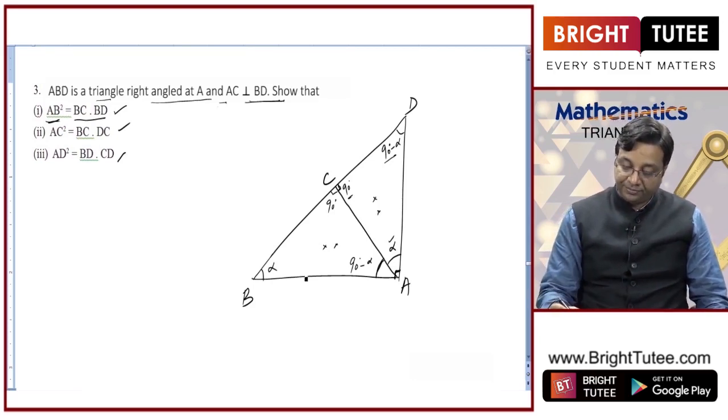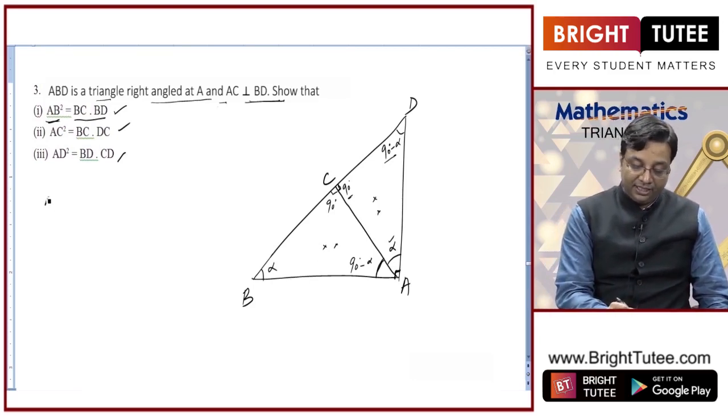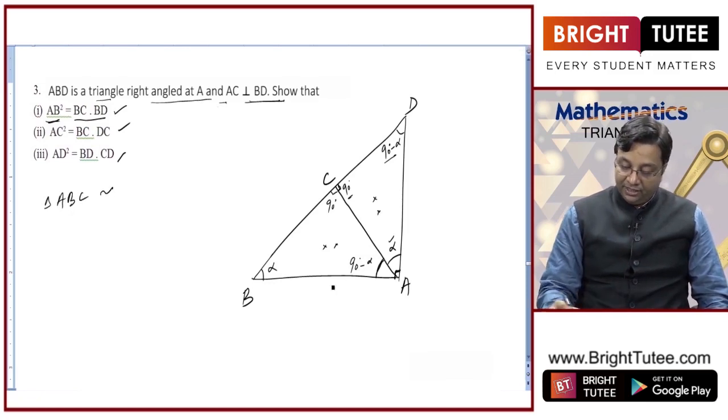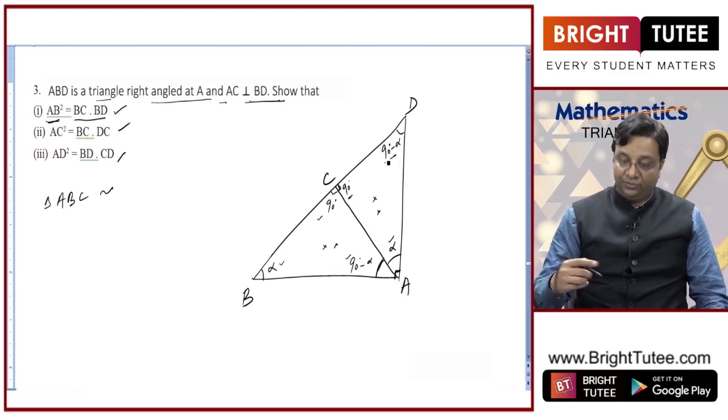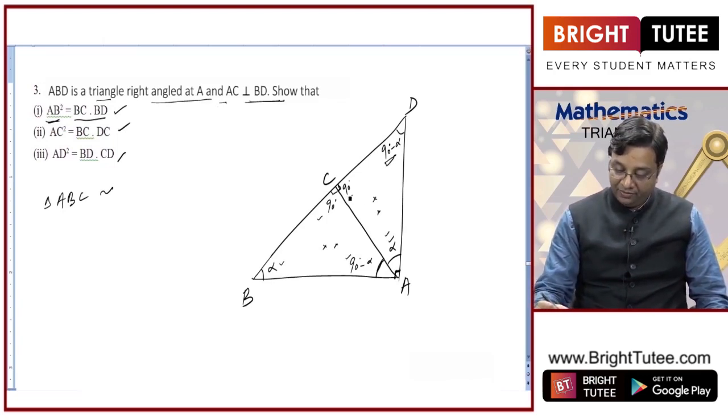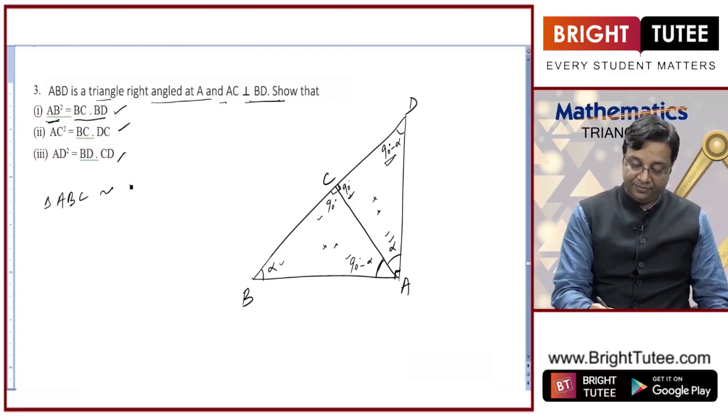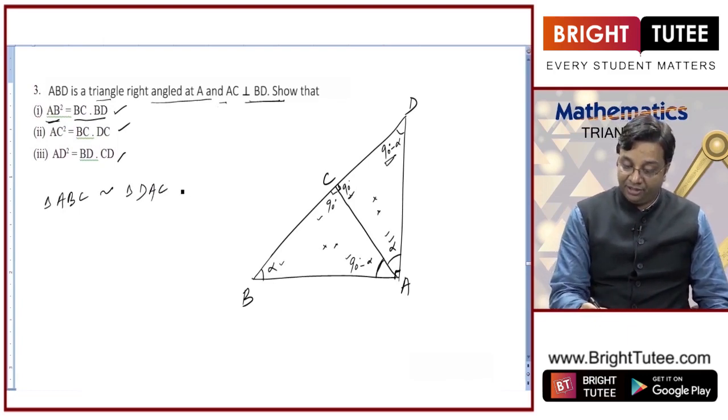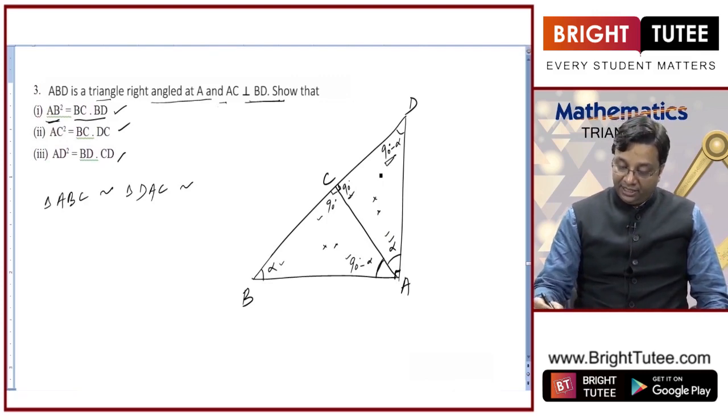Okay. Now see, triangle ABC is similar to, when I say ABC, let us trace the angles. 90 minus alpha, alpha, 90. So it will be similar to 90 minus alpha, alpha, 90. So DAC. And these will be similar to 90 minus alpha, alpha, 90.